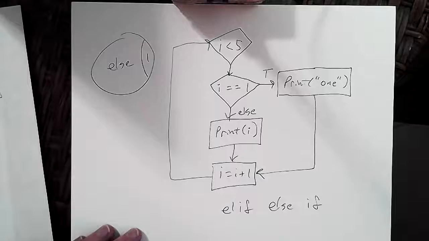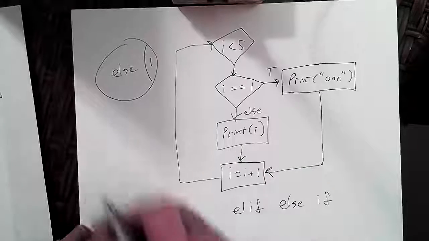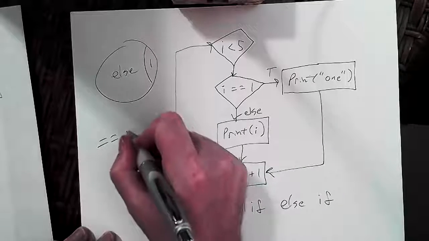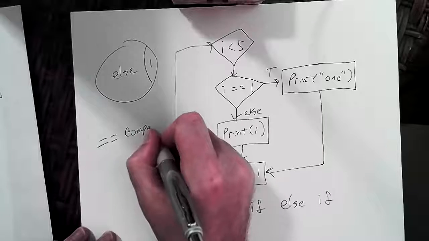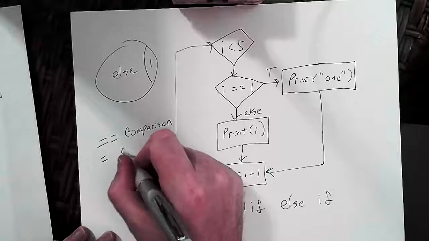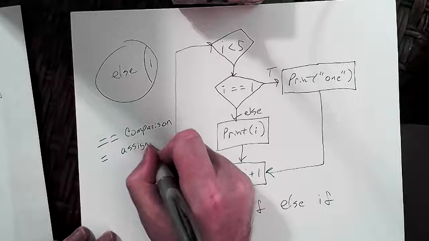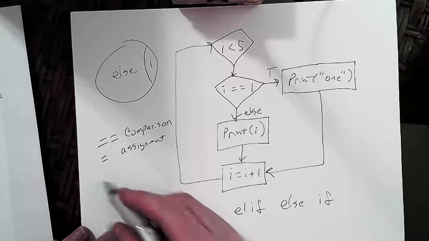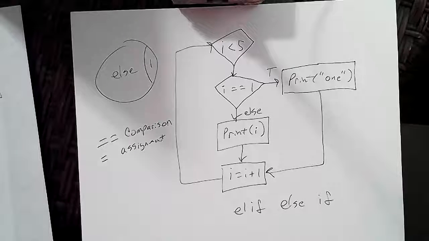With 2 equals? Yeah. It's always 2 equals is what we call a comparison. Compare two things. 1 equals is assignment, which changes the thing on the left side of the equal sign.